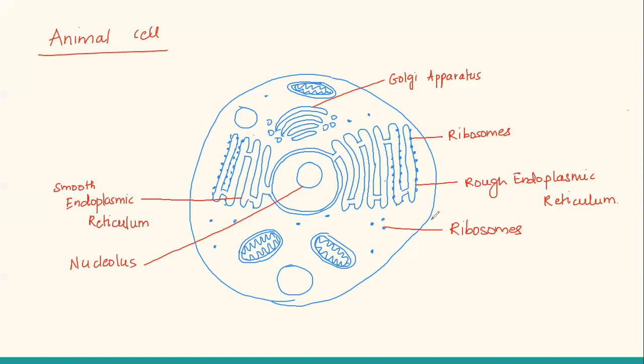Right. What am I missing? Anything? No. Okay, they've made lysosome like this. Why I don't know, but okay, chalo, can also make it to distinguish from the vacuole. Okay, yeah.